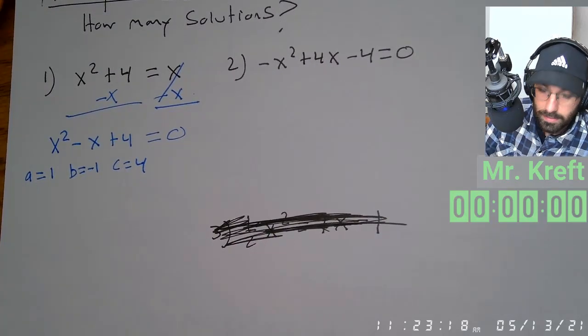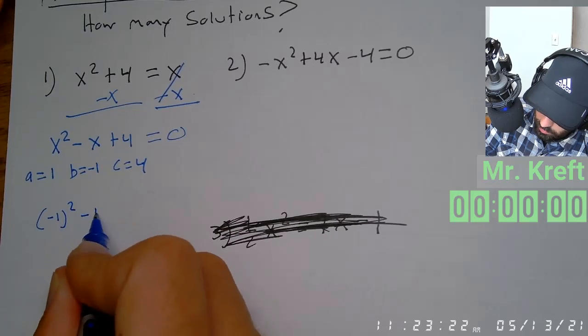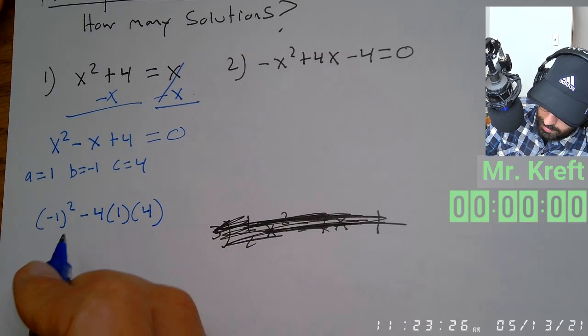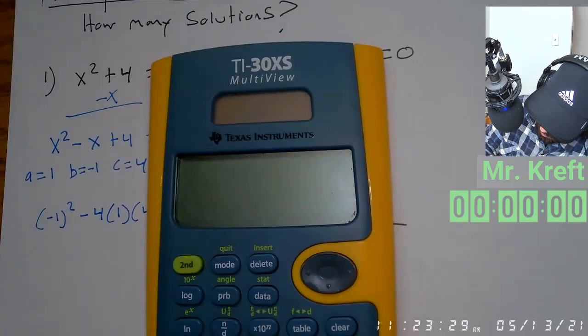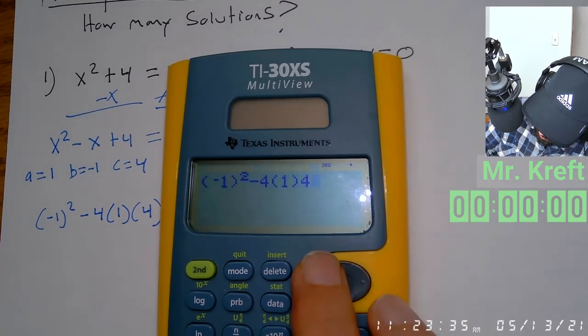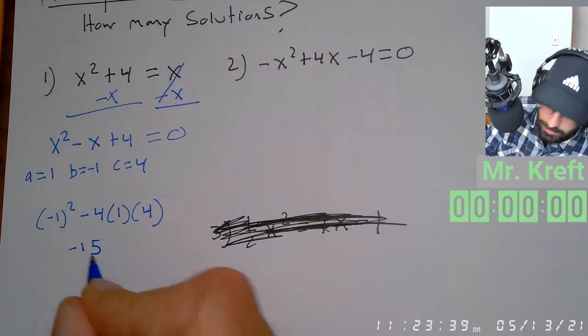So if I'm going to check the discriminant, that's b squared minus 4 times a times c. So I'm going to type this in really quickly. So -1 squared minus 4 times 1 times 4. Okay, I get -15.